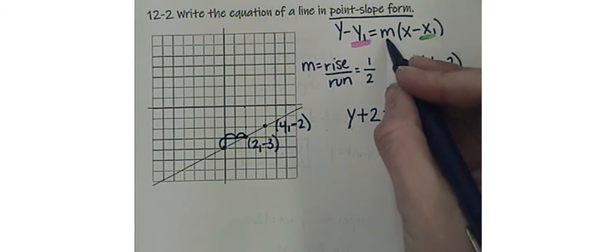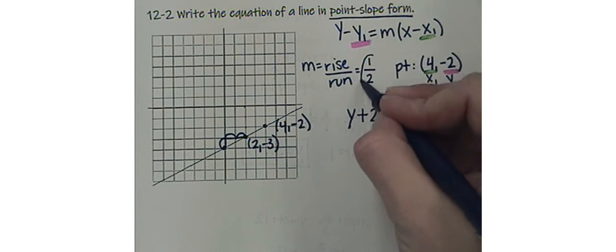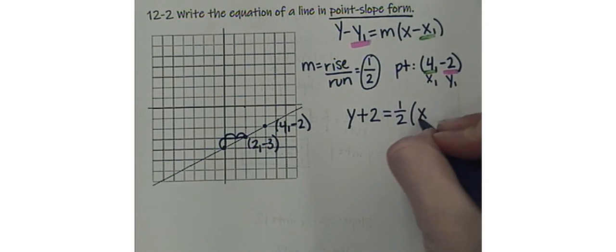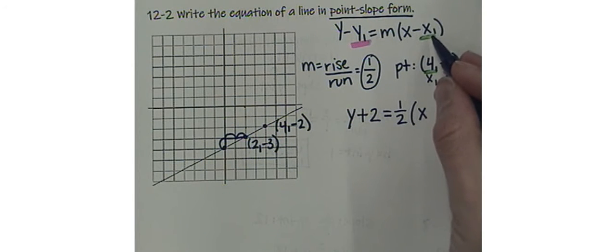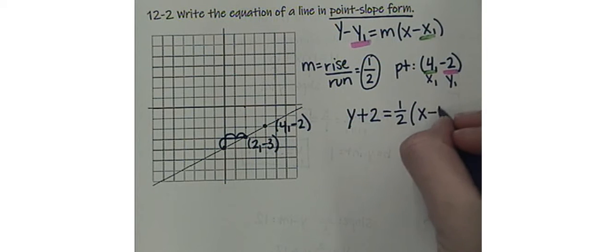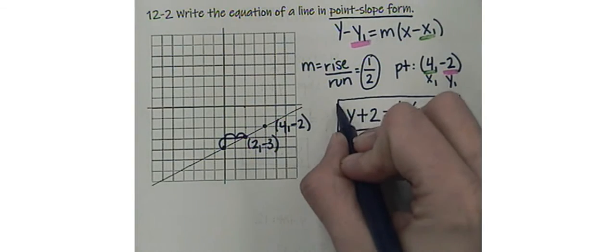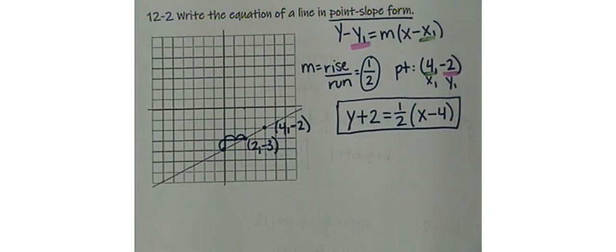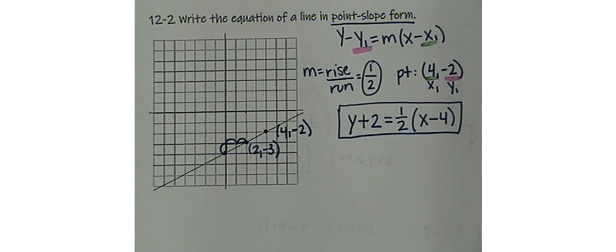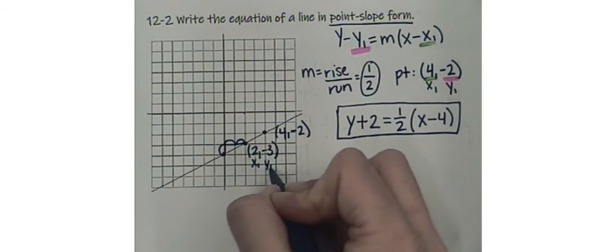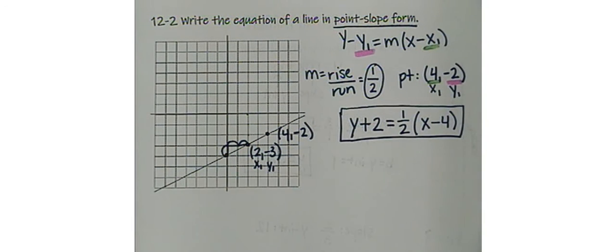Equals m, my slope, 1/2, parentheses x minus x1, which happens to be 4. So x minus 4. This would be my final answer in point-slope form. Now, you could also do the same thing with the other x1, y1. You could use 2, -3, which is why my answer keys have 2 options.